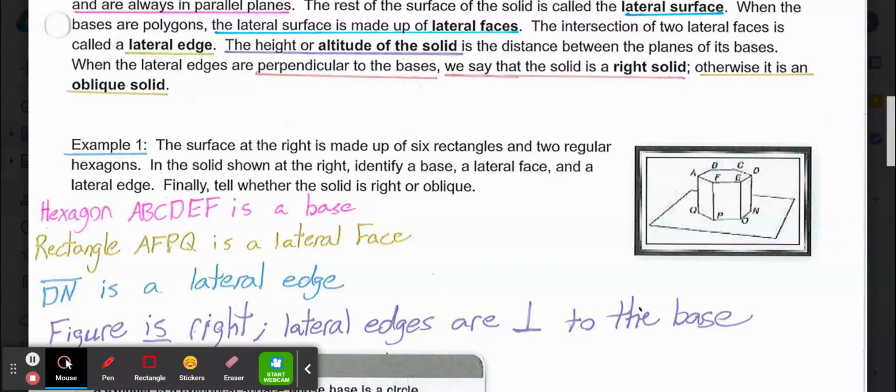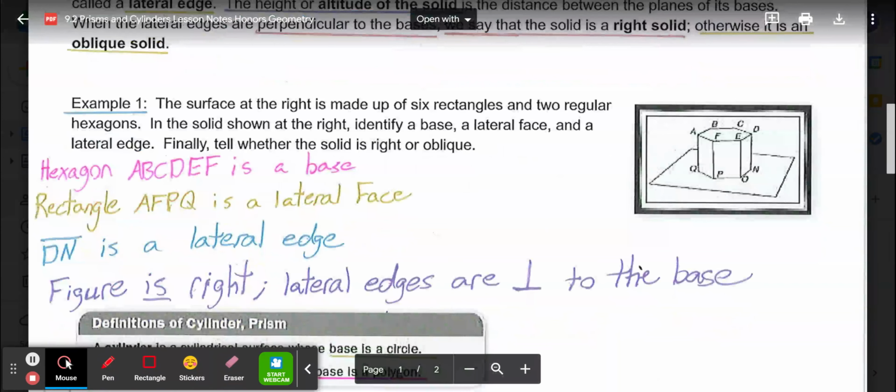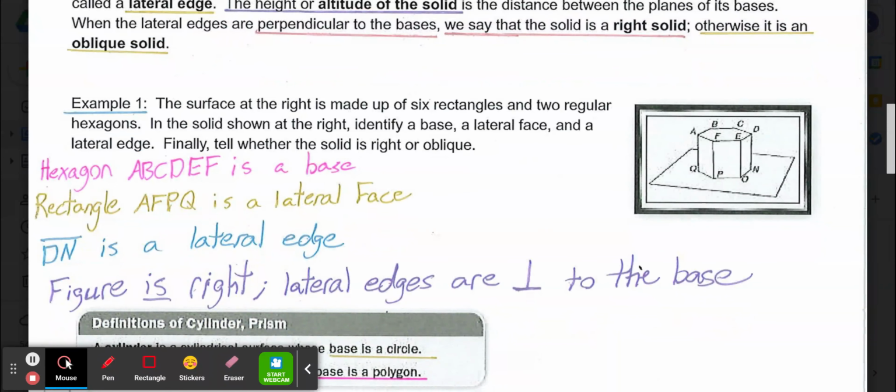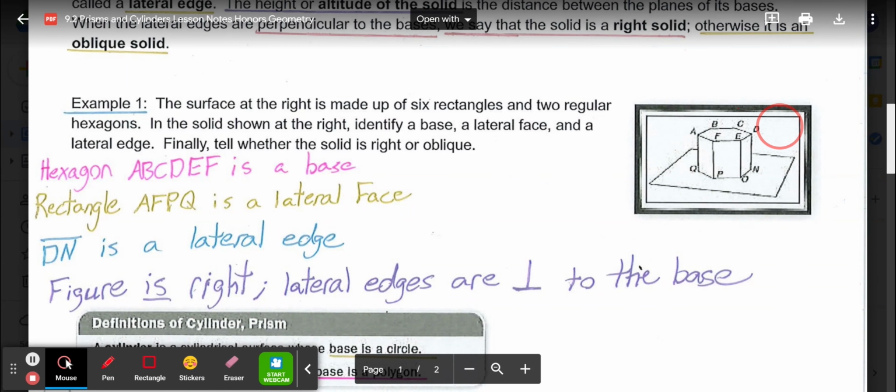And then, because the lateral edges are perpendicular to the base, this would be a right figure. If it was leaning, then it would be an oblique figure. So if this whole thing was shifted over, so it looked like it was leaning one way or the other, it would be oblique.